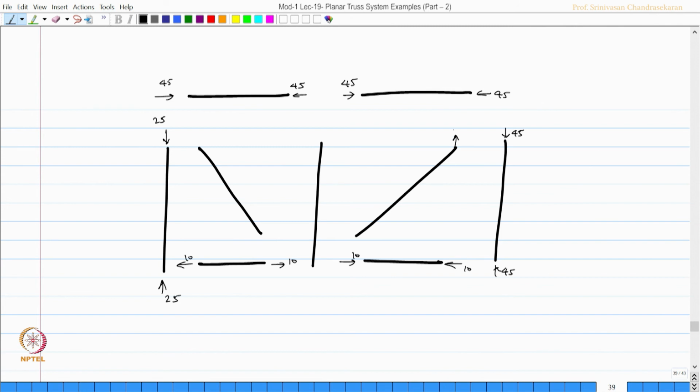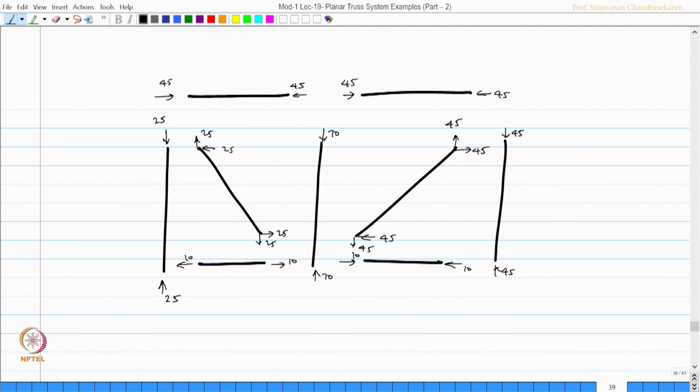So, this is 45, 45, 45 and 45. For this member, this is 25, 25, 25 and 25. For this member, it is 70 and 70.